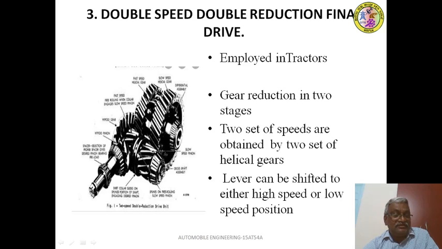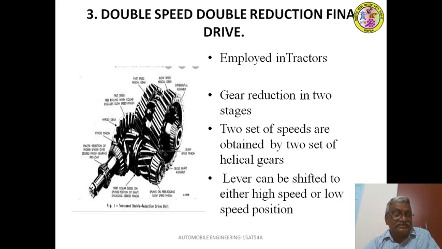In between them is the dog clutch mechanism. This dog clutch hub is splined to the stub shaft, and there is a sleeve. The shifting fork on this sleeve is connected to the hand lever in the driver's cabin through a suitable linkage.